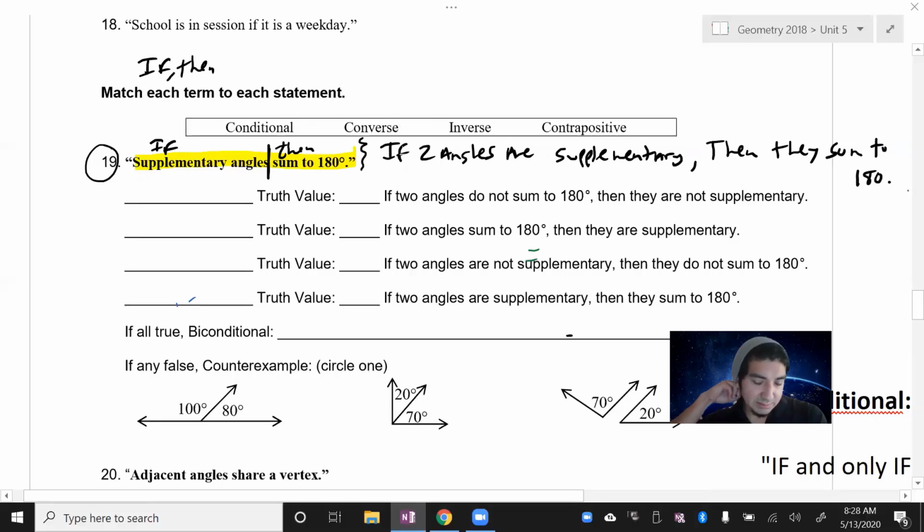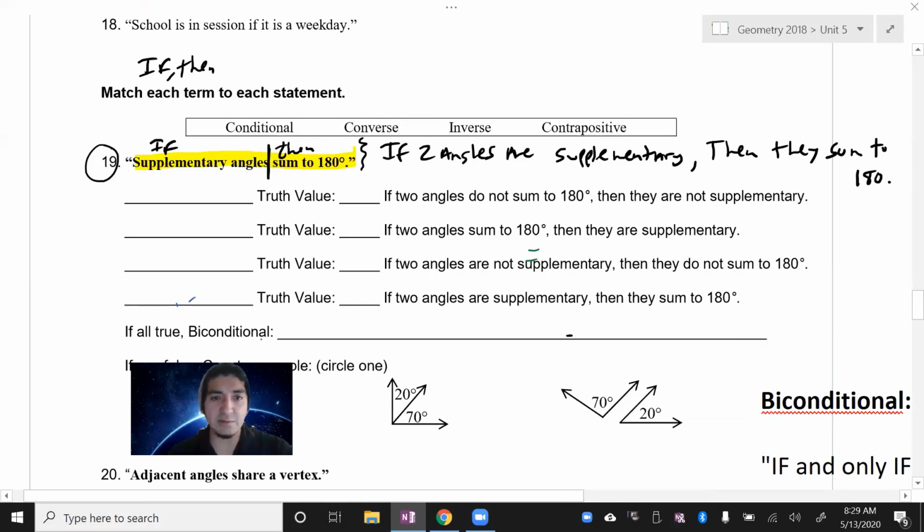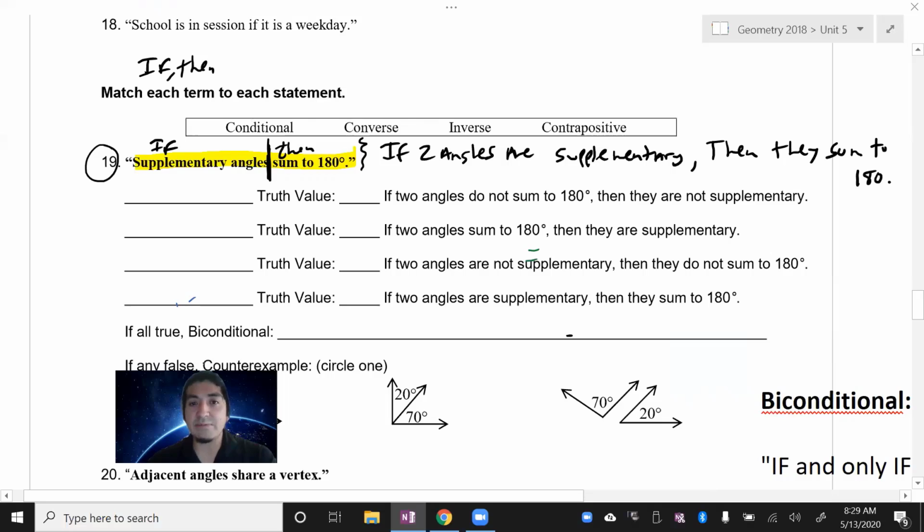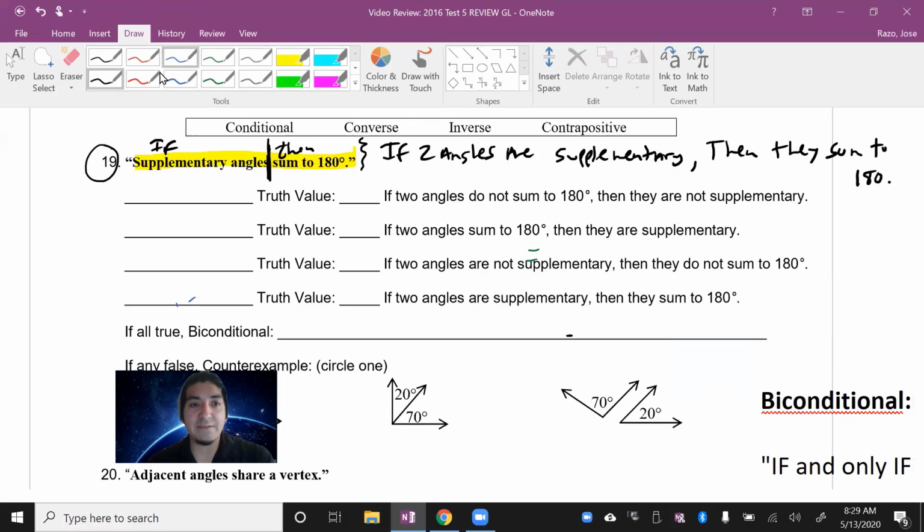Okay, there might be some out there who read it a little differently, where they may have that backwards. So just be aware that you would want to break up the statement as you see it, and then you have your if and then. That being said, we have to match up with whatever we have from here.